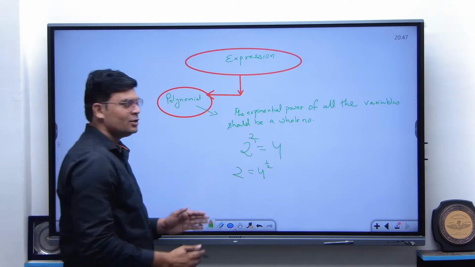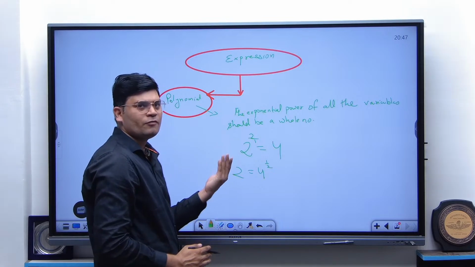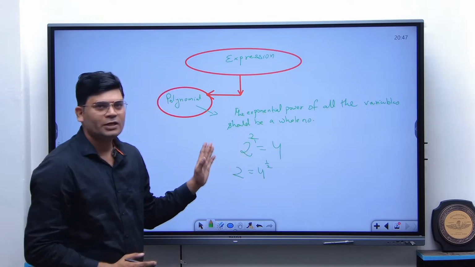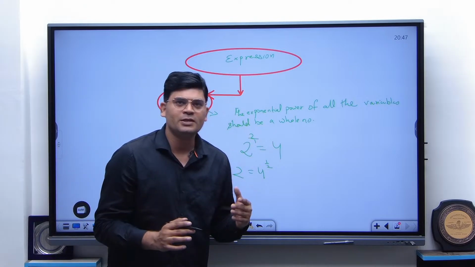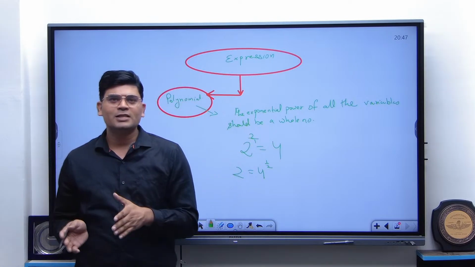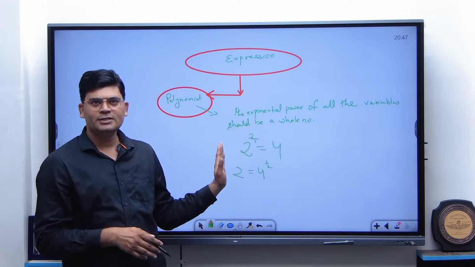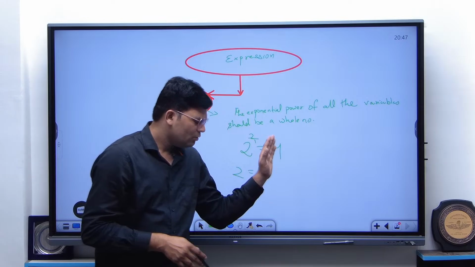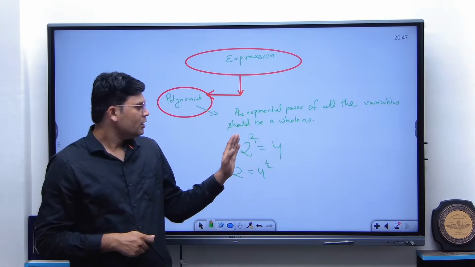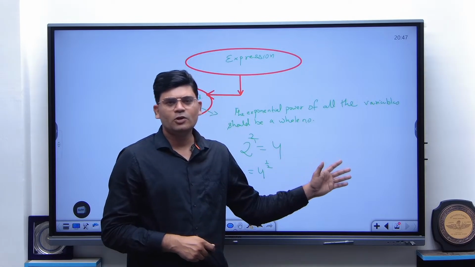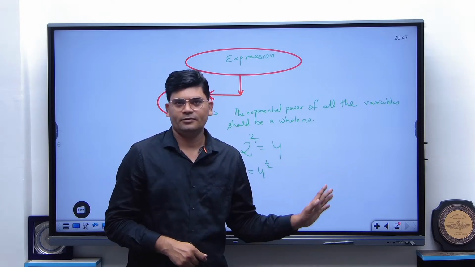Are you getting it? So when there is a transposition of equation from one end to the other end, anything which is on the left hand side is going on the right hand side. This portion of the equality sign is known as left hand side. This portion of the equality is known as right hand side.